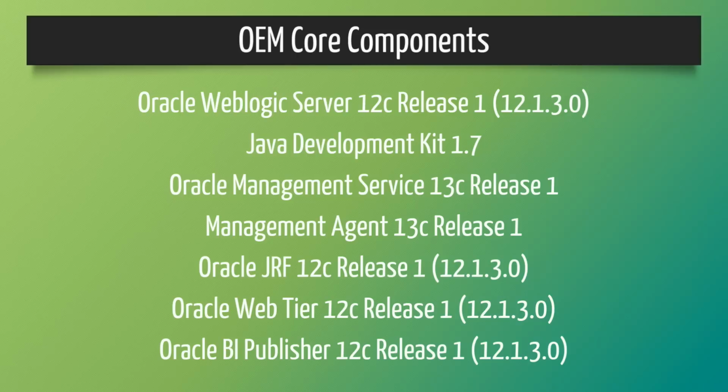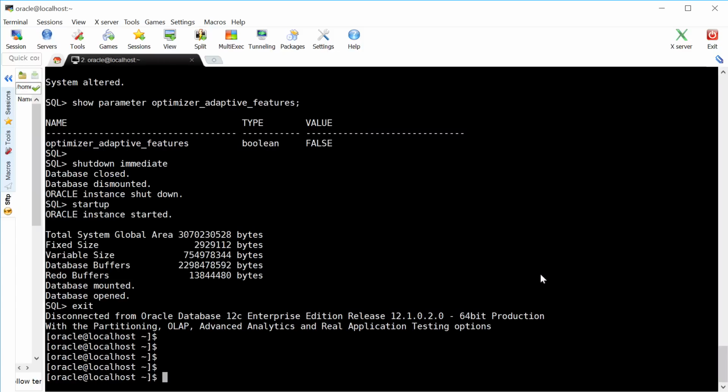So if you have the JDK already installed, don't use it. Oracle Management Service 13c release 1 and Management Agent 13c release 1. Then it will install Oracle JRF 12c release 1. It will also install WebTier 12c release 1. And finally Oracle BI Publisher 12c release 1. So these are all the core components that will be installed.